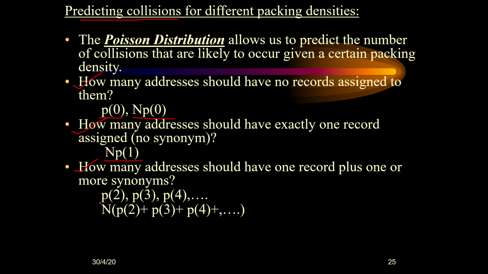That is noted with the probability terms P of 2, P of 3 and P of 4, where one record is saved in each, and in addition, one overflow in the case of P of 2, 2 overflows in the case of P of 3, and 3 overflows in the case of P of 4. So for finding the number of addresses having overflow, we need to use N into P of 2, N into P of 3, N into P of 4.